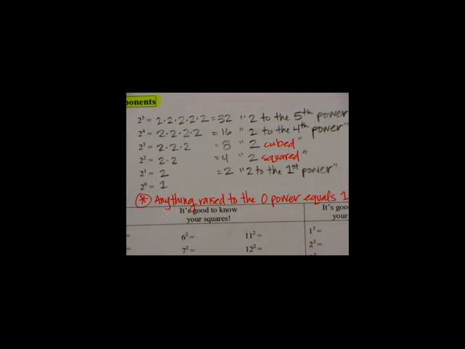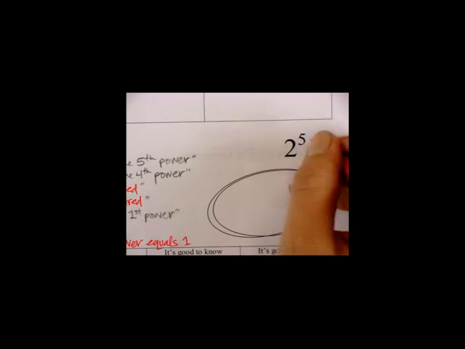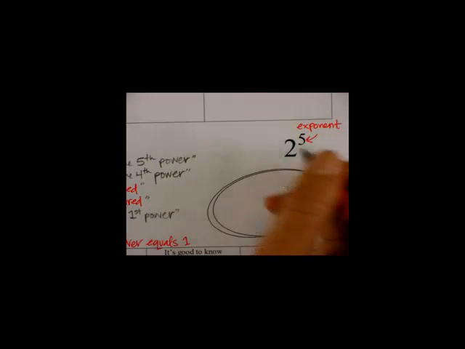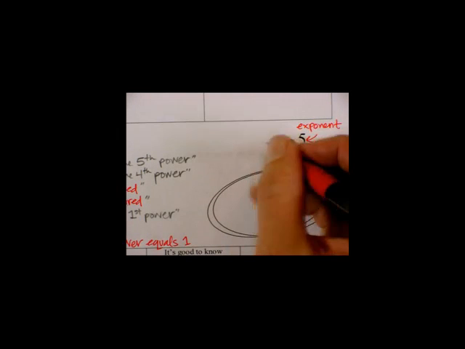And this is going to be the case always. When we're looking at exponents, or powers as we call them, we have really 2 parts. This 5 we call the exponent, and 2 we call the base.